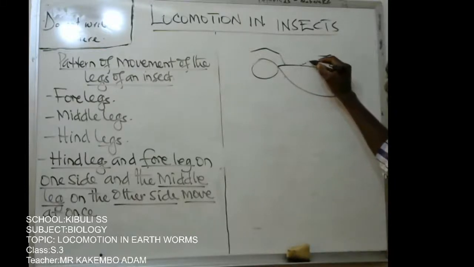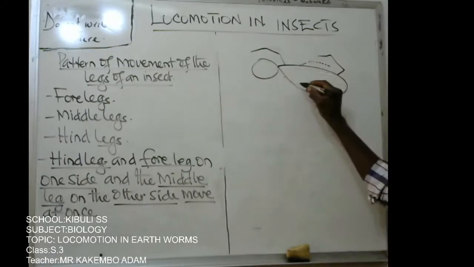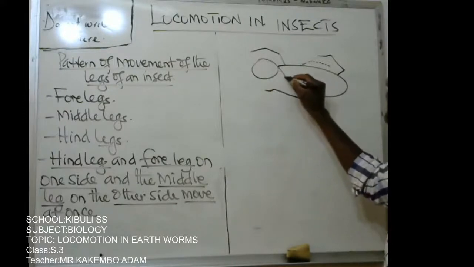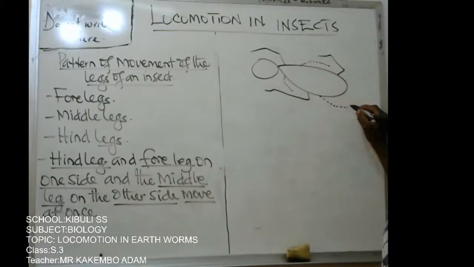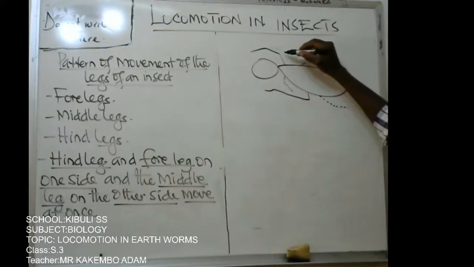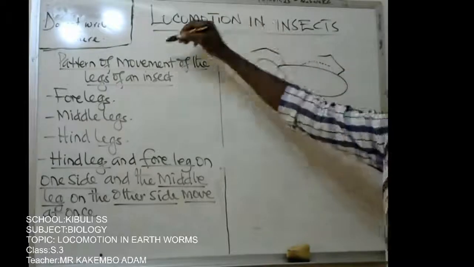This one here remains behind. Then the middle leg here is also moved forward. These ones remain. This one also remains. I don't know whether I get to the mode of locomotion. Foreleg moved forward. Hind leg moved forward.